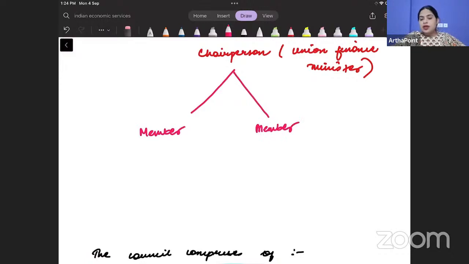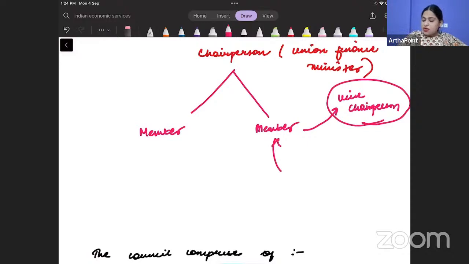Okay, beta. Member में सबसे important ये है that we need a vice chairperson. तो हमें एक वाइस चेयरपर्सन भी चाहिए. और ये बाकी मेंबर्स क्या होंगे?